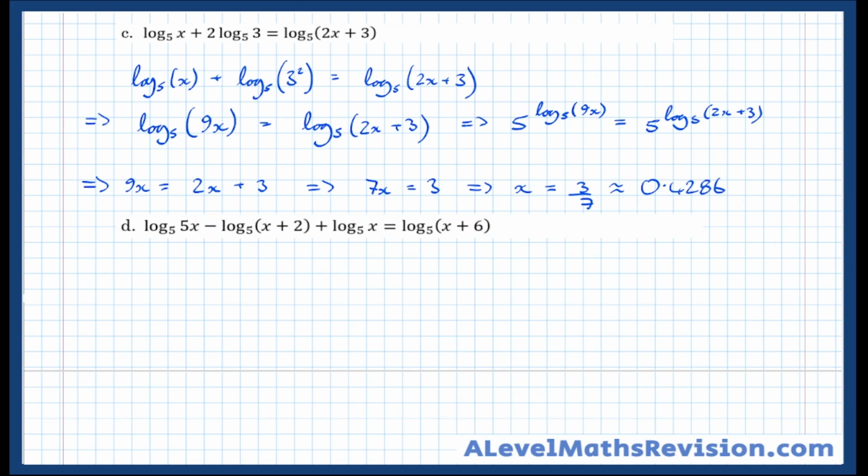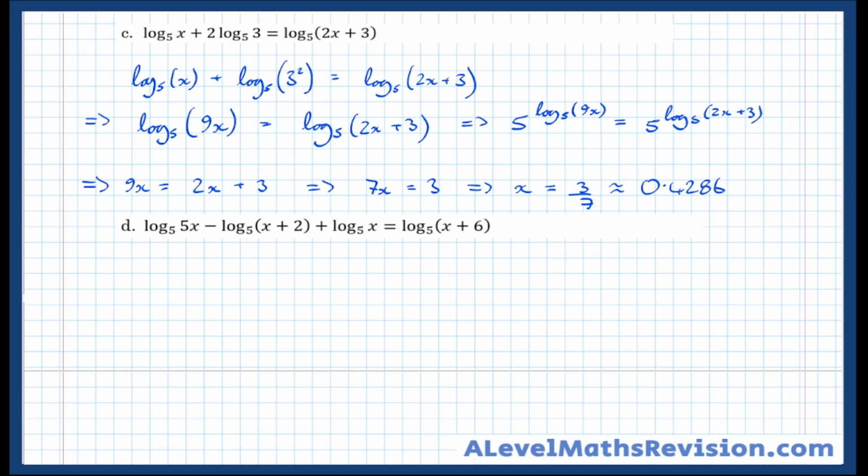Log to the base 5 of 5x minus log to the base 5 of x plus 2 plus log to the base 5 of x equals log to the base 5 of x plus 6. Combine those all into a single logarithm. Unlog, then solve. So you might want to pause and have a go. But here I go now.